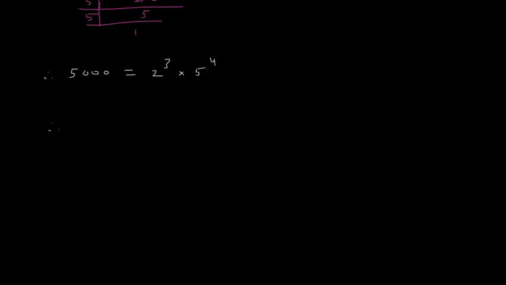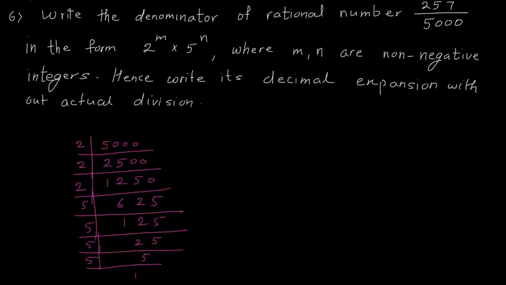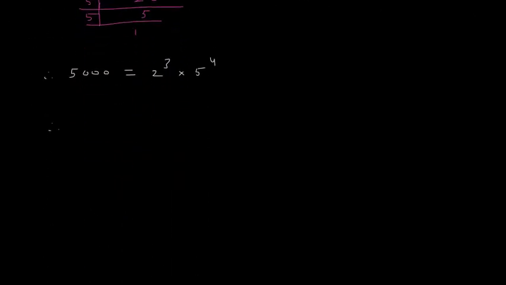Therefore, our problem 257 upon 5000 will be written as 257 divided by 2 power 3 into 5 power 4.